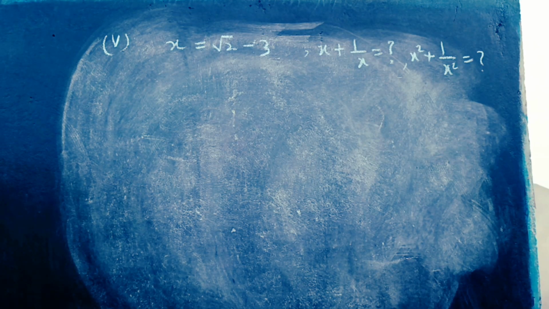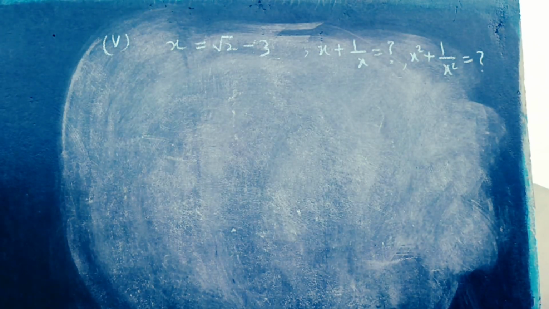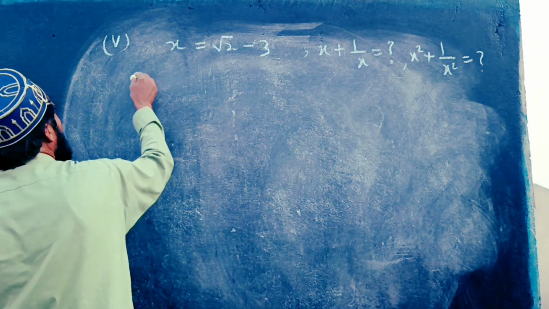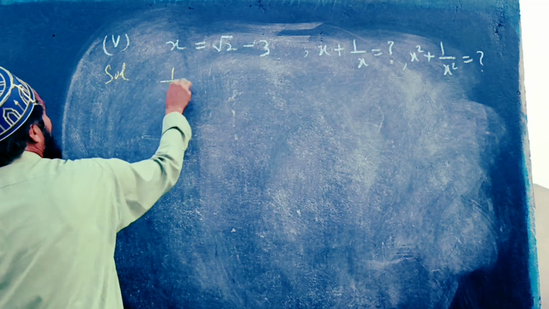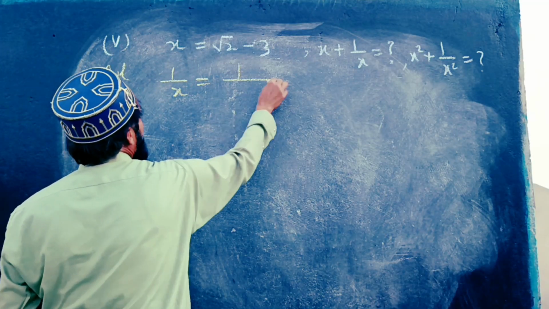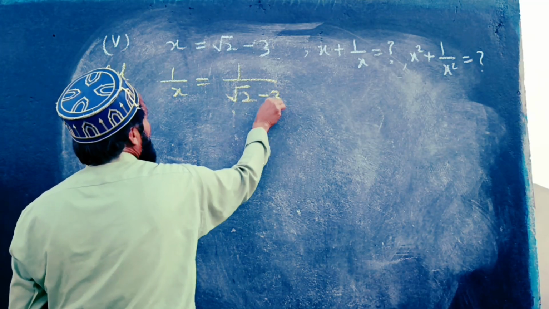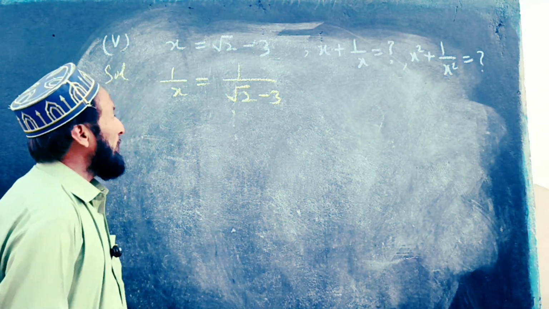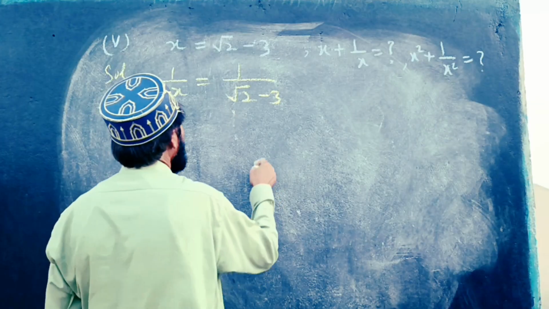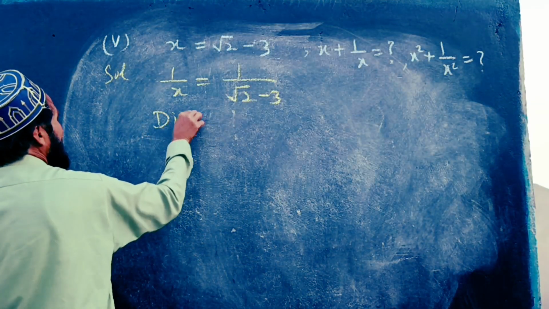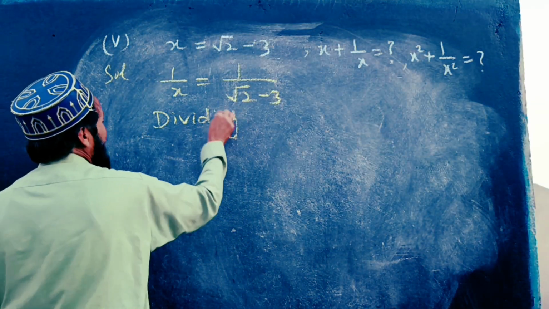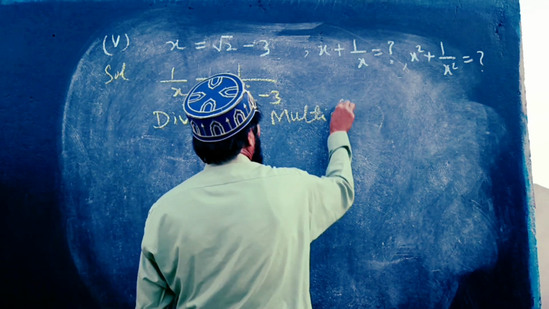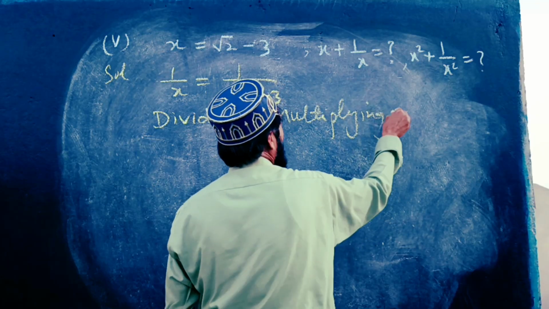Now dear students, here 1 by x is required, x is already given, so 1 by x is required. We can rationalize this term 1 by 2 minus 3. It means we take the conjugate of this one, dividing and multiplying by the conjugate.